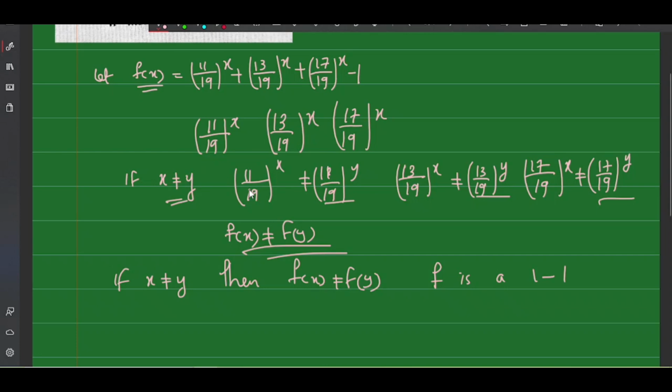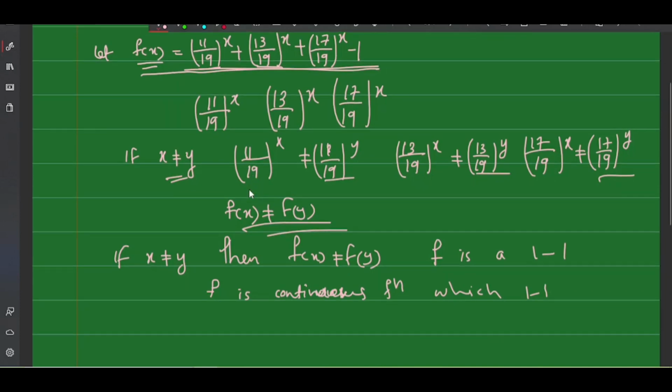And now look at the function f of x. Here (11 by 19) raised to x, (13 by 19) raised to x, and (17 by 19) raised to x are all continuous, so f of x is also continuous. So we can say that f is a continuous function, and it is 1-1 also.